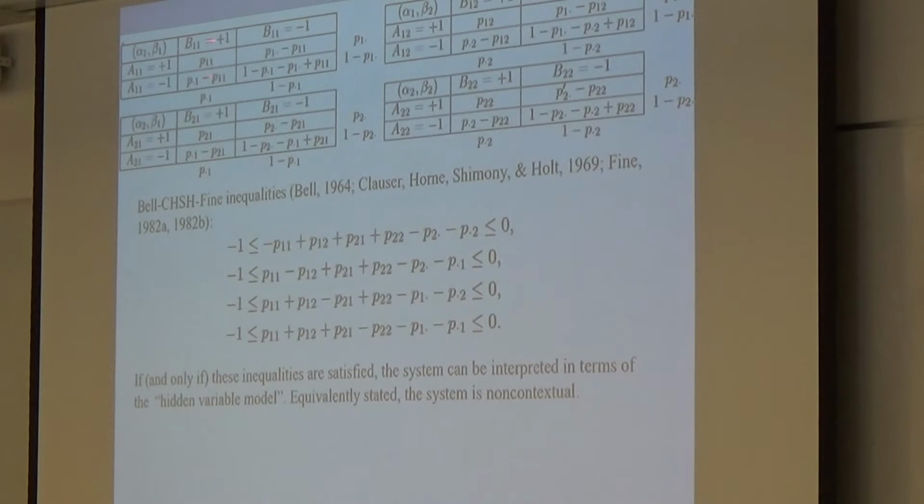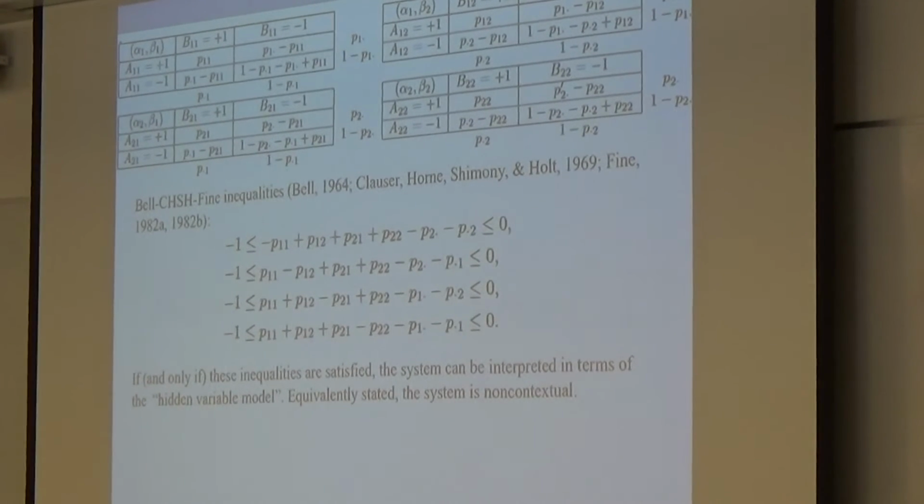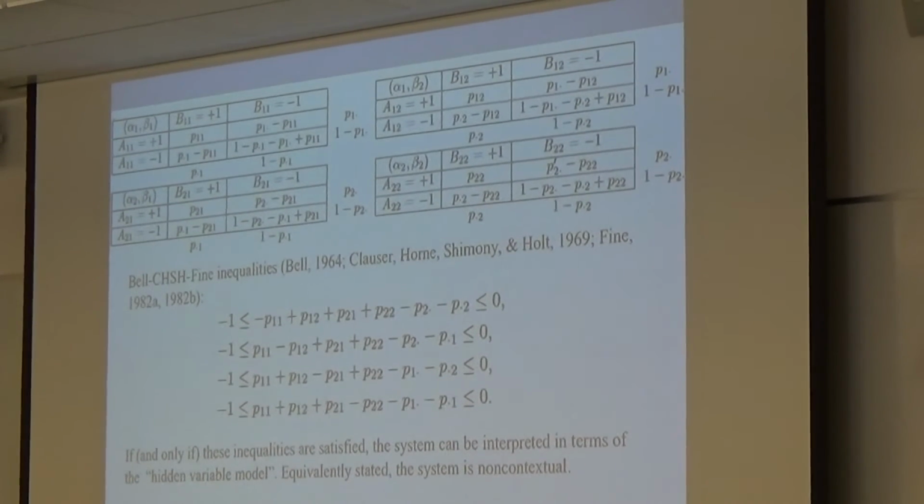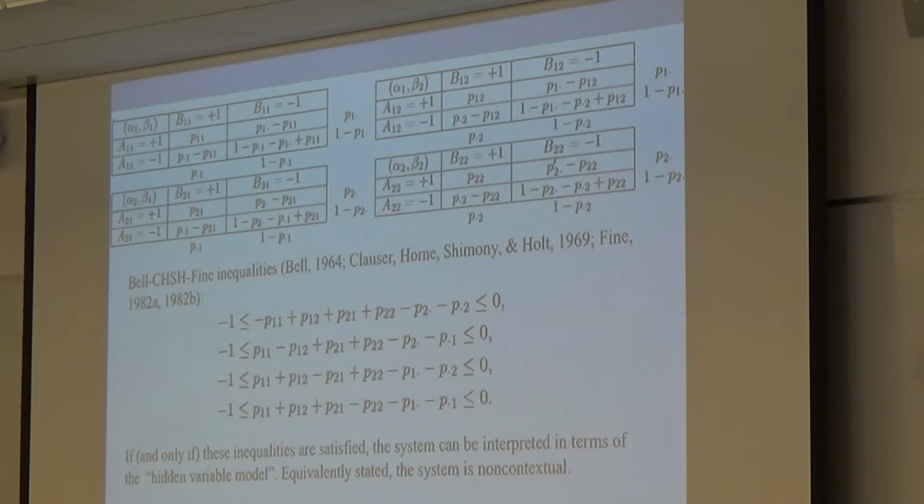That is, all the 8 random variables, A11, B11 to A22, B22, can be represented as functions of one and the same hidden variable. The probability that A11 equals A12 is 1, the probability that A21 equals A22 is 1, the probability that B11 equals B21 is 1, and the probability that B12 equals B22 is 1 as well.